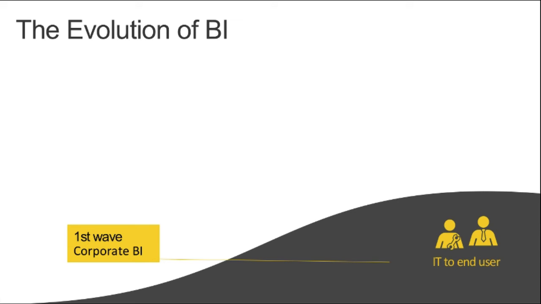So it was really driven by corporate IT to the end user. So what this means from a business standpoint was, one, it was very expensive, and two, it took a long time to get the actual business intelligence reports that the business needed because ultimately you were working through IT.